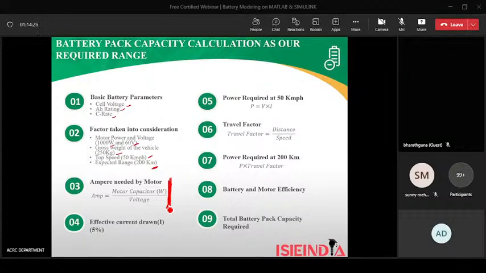Yes, sir. Okay, kindly cooperate. Tell me how many amperes my motor requires. 1000 watt divided by 60 volt. How much?